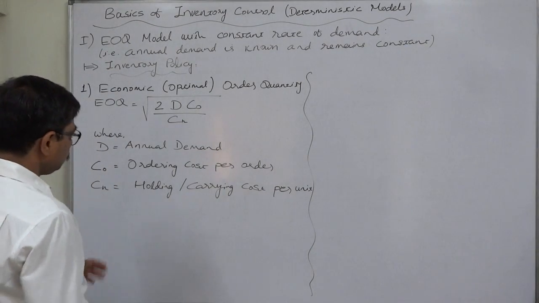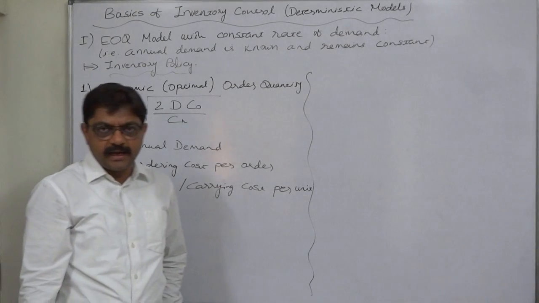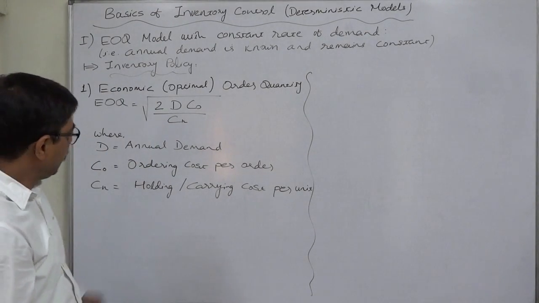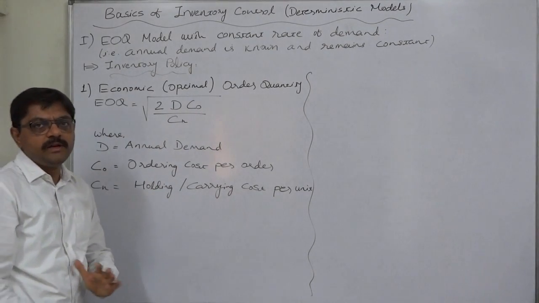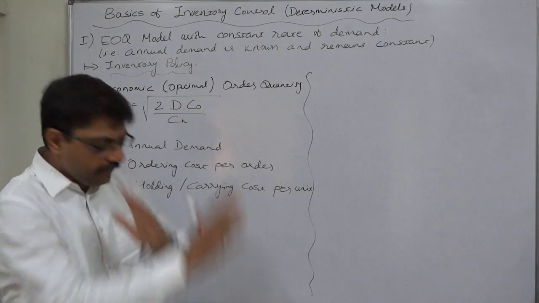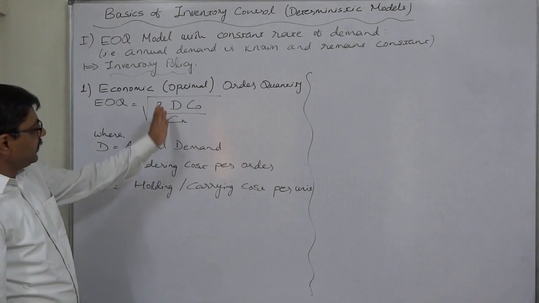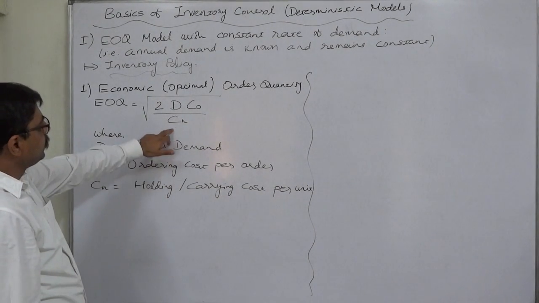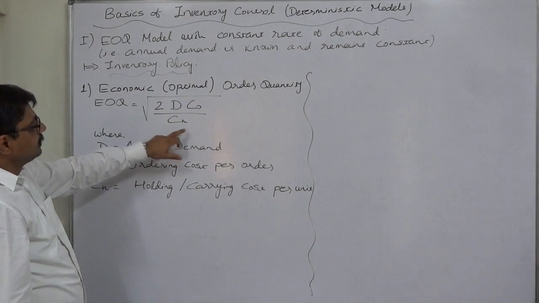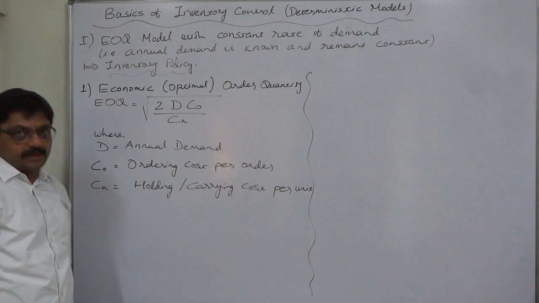That means if we follow this order quantity at the time of placing each and every order, our ordering cost and holding cost both will be at their minimum stage. If we draw the chart of various costs at various ordering quantity levels, at EOQ there will be the point of intersection of CH line and CO line.